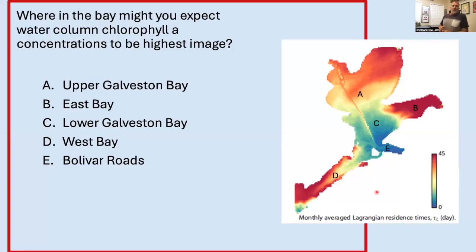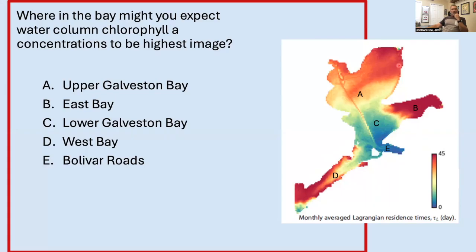Okay. Your first clicker question, right? Where might you expect to find water column chlorophyll A concentrations to be the highest in this particular image? Now, remember, this image is looking at residence time. So here again, you're seeing we've got our highest residence times over here in East Bay and down here in West Bay, and a little bit up here in the upper part of the Trinity, all right?